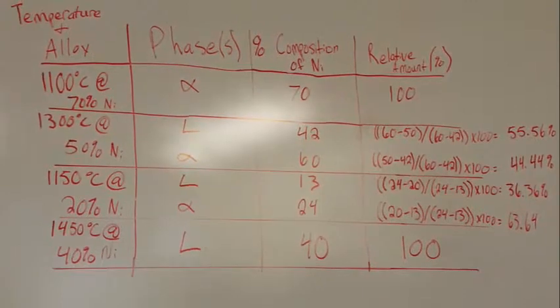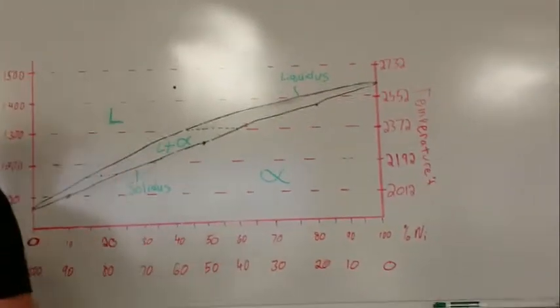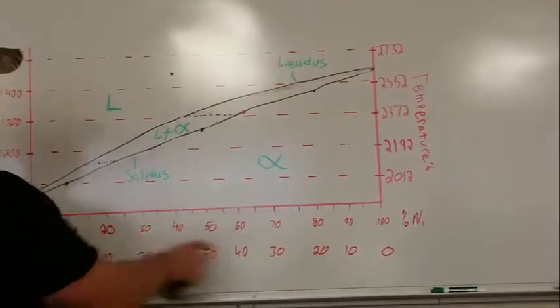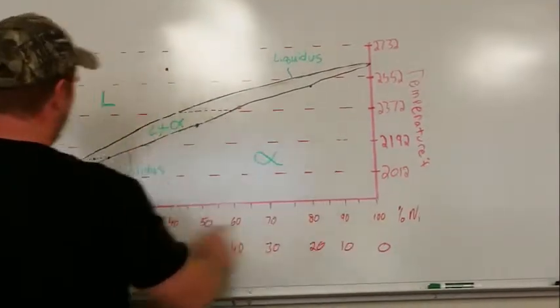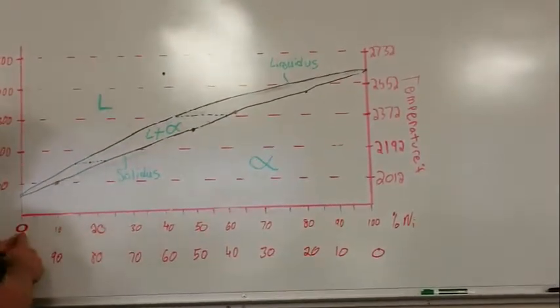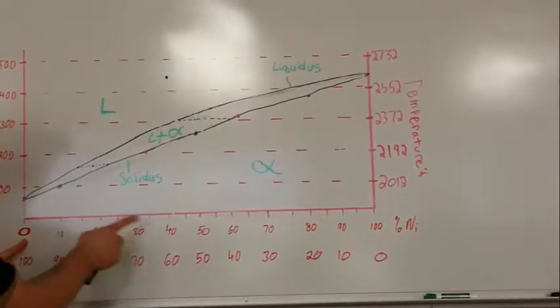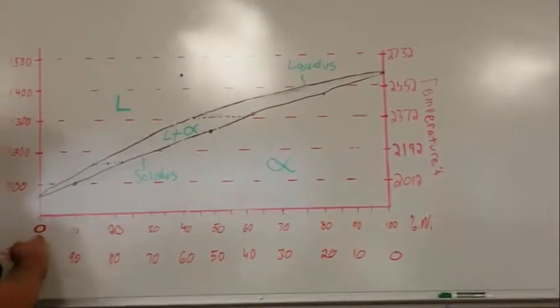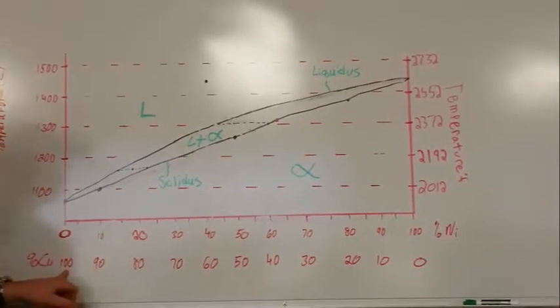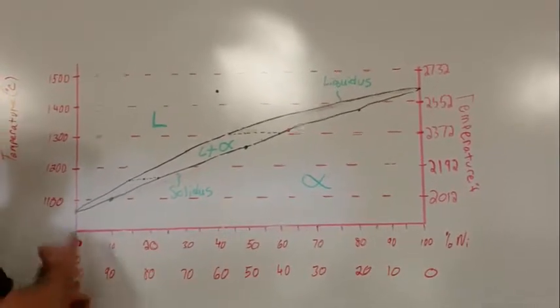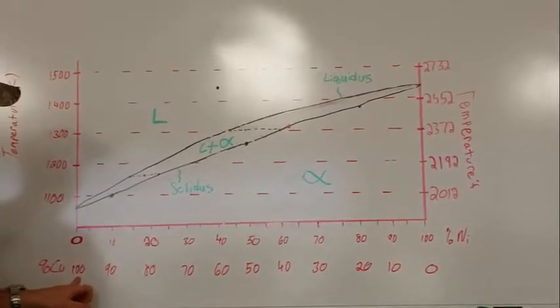First, let's look at 1100 degrees Celsius, 70% nickel. So I find this is my percent nickel column. Notice we have 0 at this side. I just labeled this in increments of 10. So where you have 0% nickel, obviously we have 100% copper. Just labeled both fields for a little clarity.